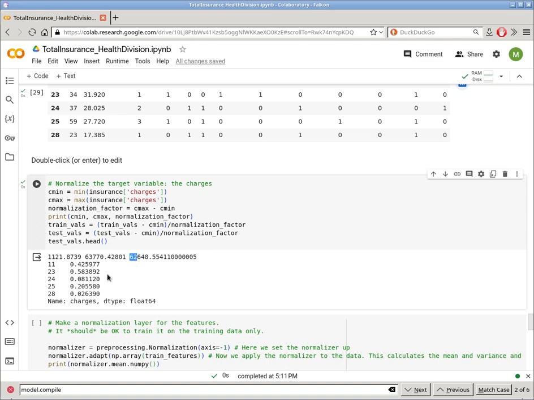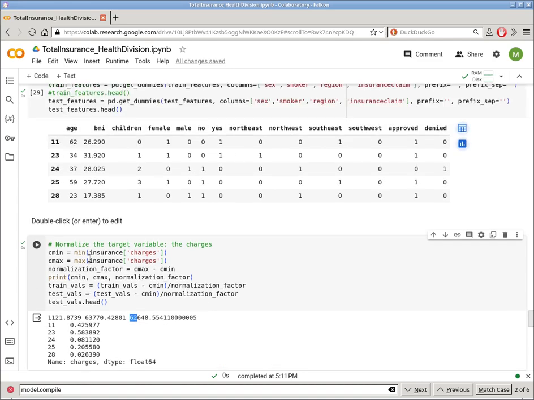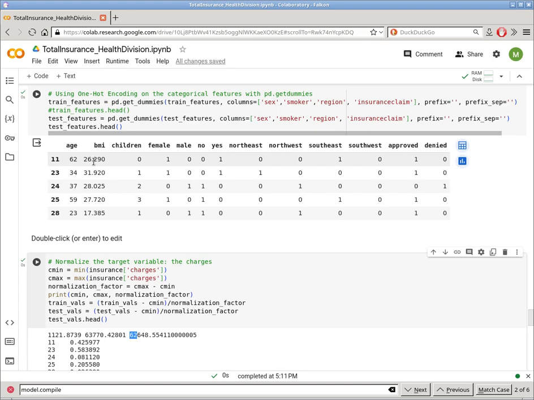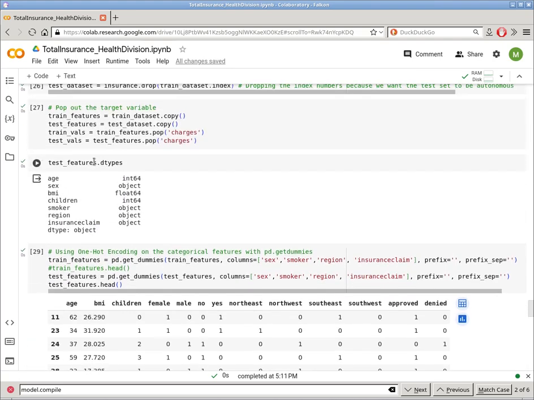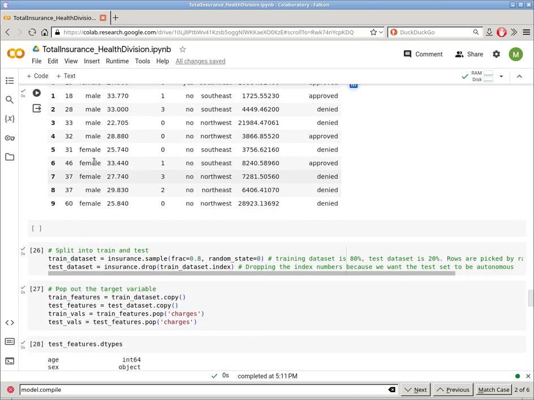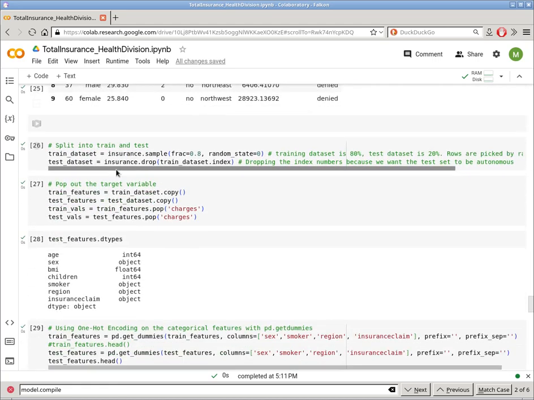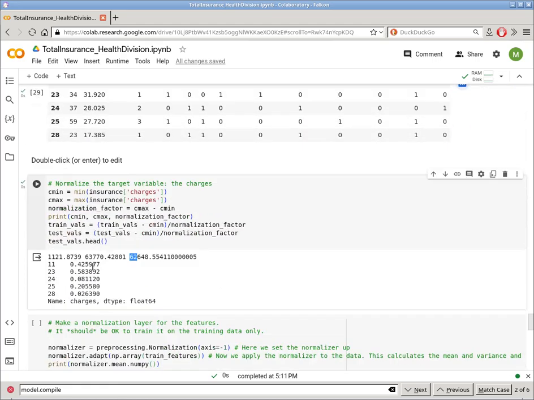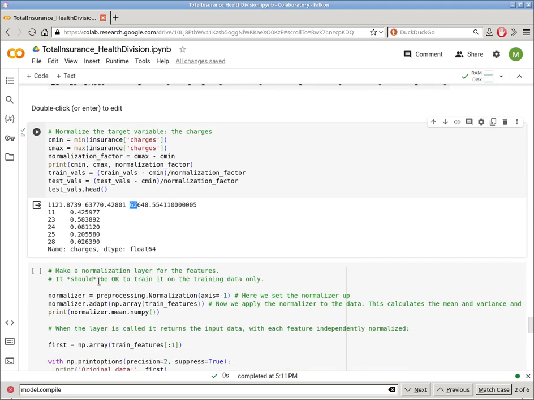And now, what did we look at here? So this was our test values, right? Anyway, this is the normalized version of those values. For the features, we can do the same normalization we did before.